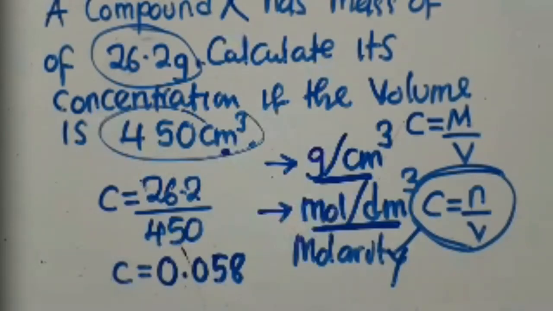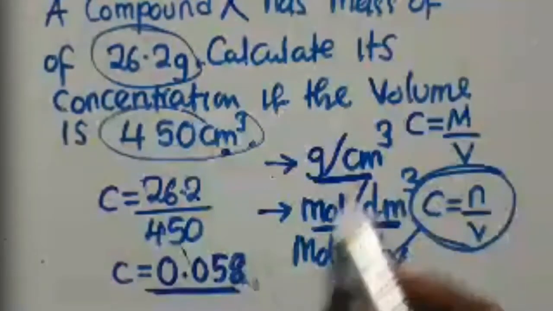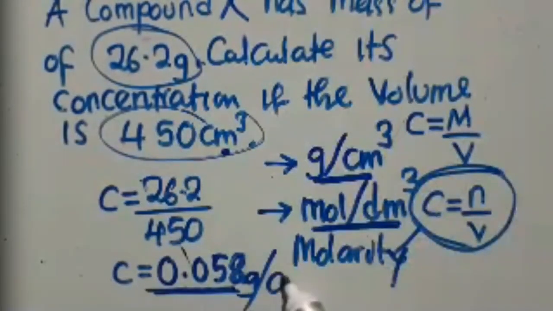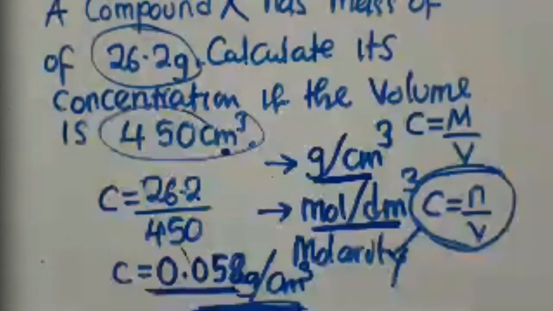I just want to show you how you can work out this. This is the answer, 0.058, and then you put grams per centimeters cubed. This is the concentration. These are things that we need to get and understand.